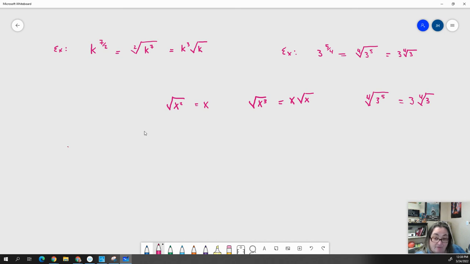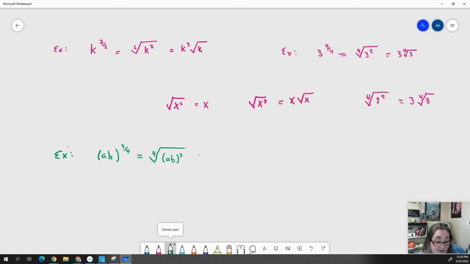If I have, I'm going to change colors just for funsies, if I have AB to the 3/4, right? When I rewrite that, we're going to have the 4th power, and we're going to have AB cubed.